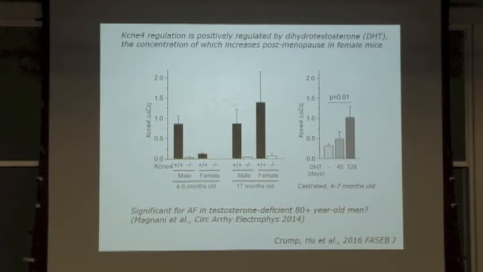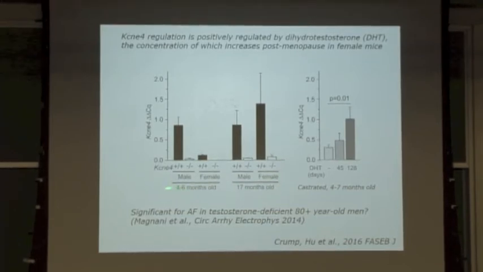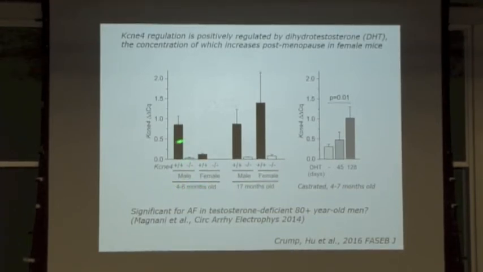Sure enough, I'll just run you through this. In the young, sexually mature males and females, we see nice expression of KCNE4 in the wild type. You use the knockout as a control, obviously, so there's no expression there, so we know we're looking at the right gene. In females, there's hardly any expression, as I showed you before.